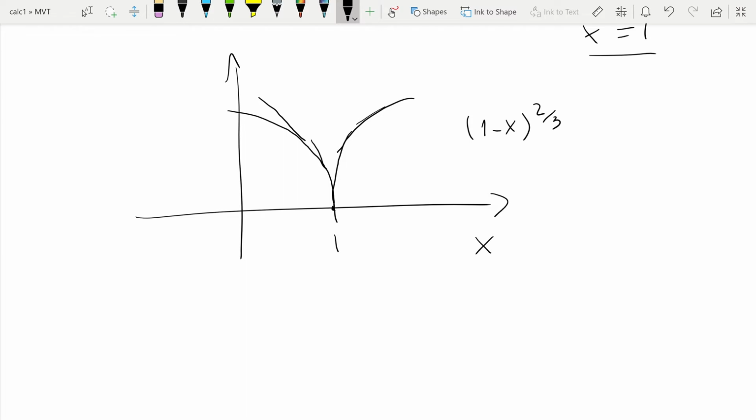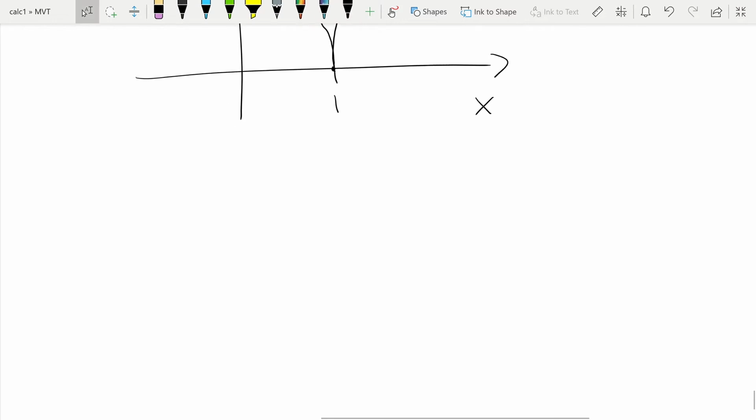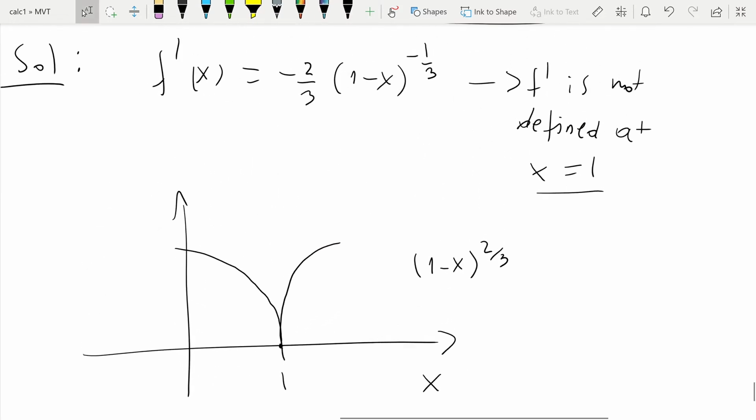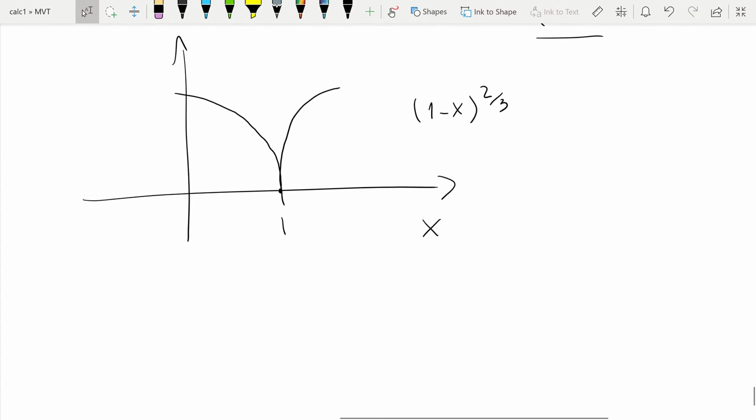Now that we've seen what happens when we approach 1, we can safely say that f prime at 1 is not defined.